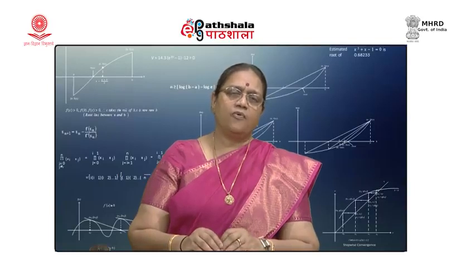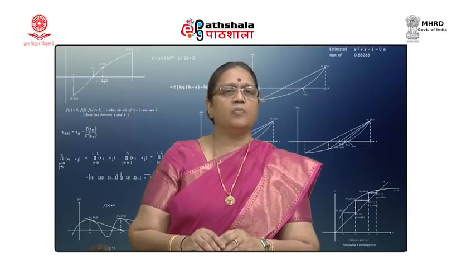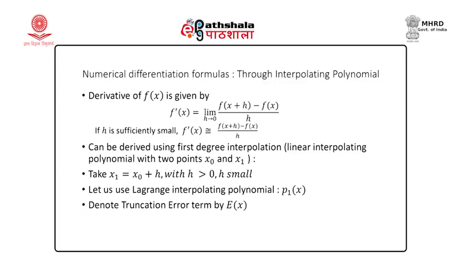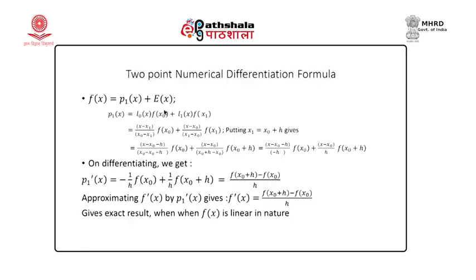Nevertheless, even forward difference or backward difference interpolating polynomials can be used to derive these formulas. So, let us use Lagrange's interpolating polynomial here, and denote the truncation error by E(x). We know f(x) is given by the polynomial plus the error term.